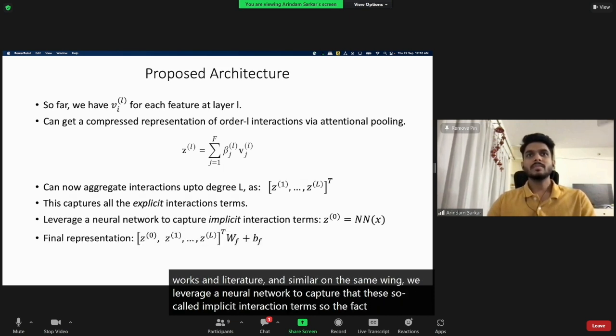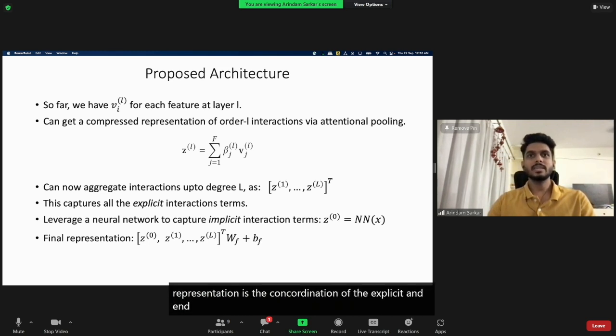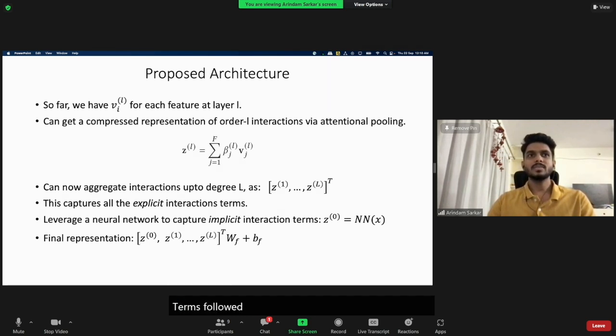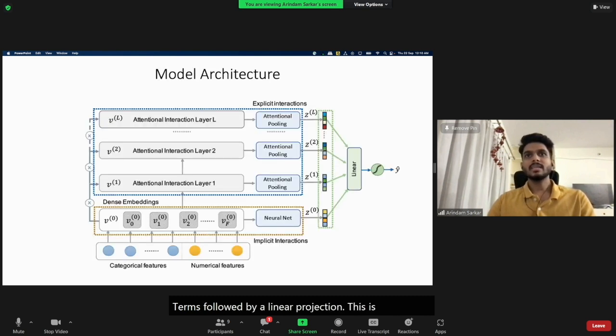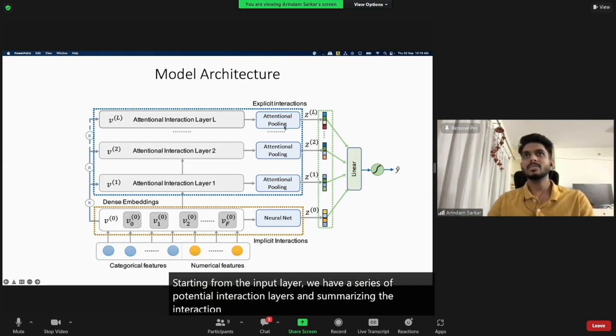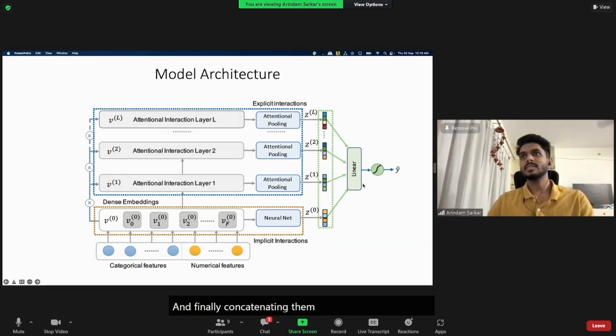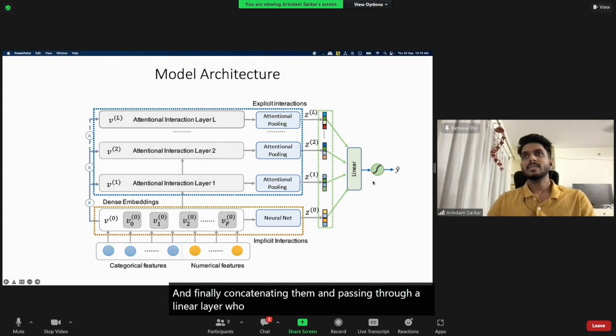So the final representation is the concatenation of the explicit and the implicit interaction terms followed by a linear projection. This is our architecture at a glance. Starting from the input layer, we have a series of attentional interaction layers, summarizing the interactions via attentional pooling, and finally concatenating them and passing through a linear layer to get the final representation.